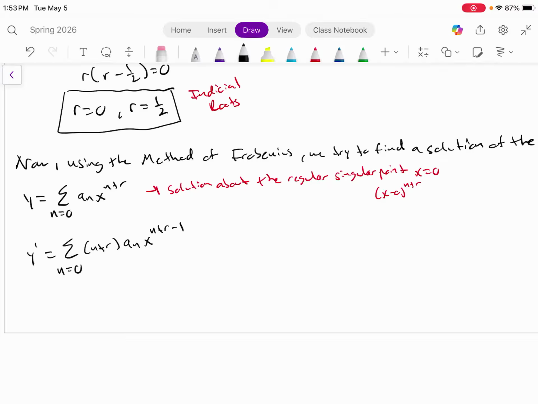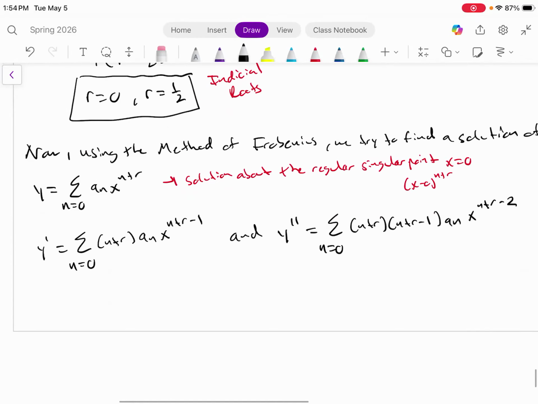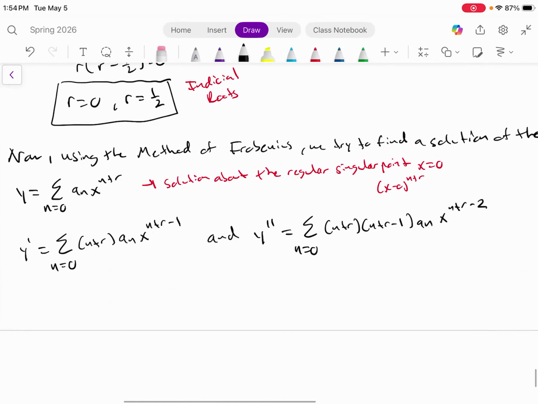And y double prime is going to equal, starting at n equals 0, n plus r times n plus r minus 1, a sub n, x to the n plus r minus 2.